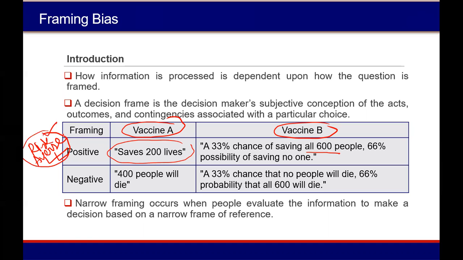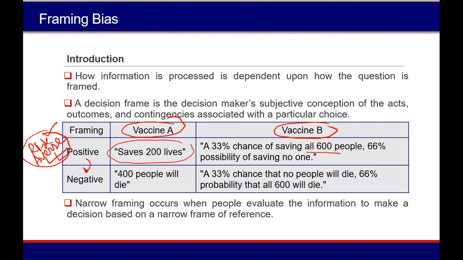But now I have given you just the opposite statement in the negative perspective: if we use vaccine A, 400 people will die. But if we use vaccine B, there is a 33% chance that no people will die, and a 66% probability that all 600 will die.